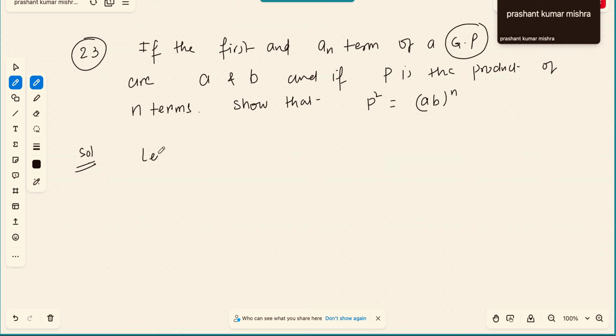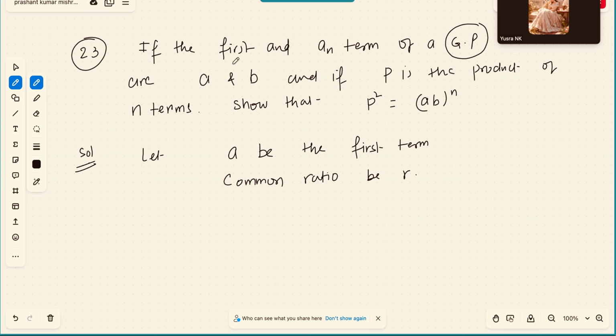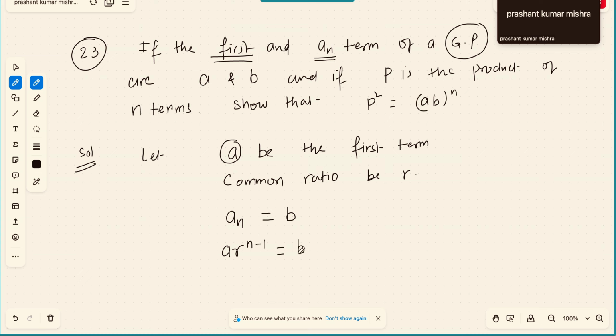Let A be the first term and let the common ratio be R. The first term is A, and the nth term is B, so we can say the nth term equals B. The formula for the nth term is A R raised to n minus 1 equals B.